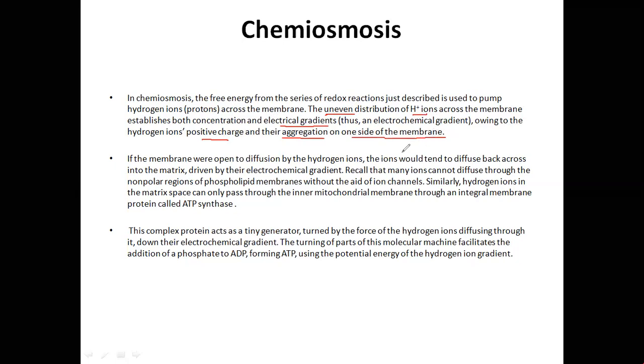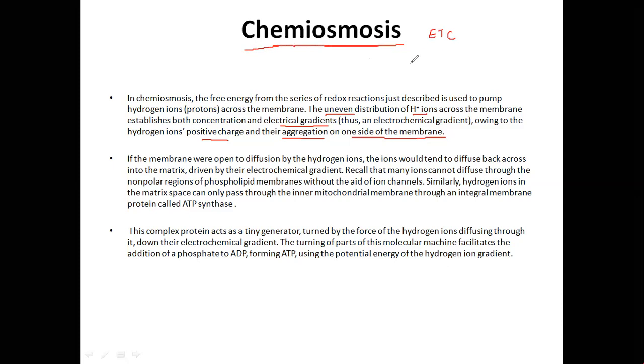Before we discuss the chemiosmosis process, previously we discussed a process called the electron transport chain.